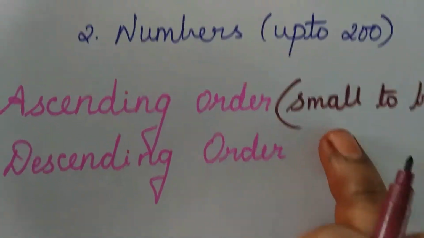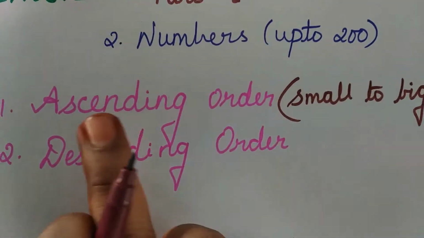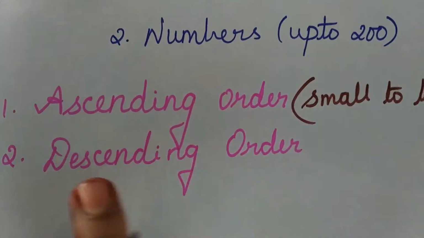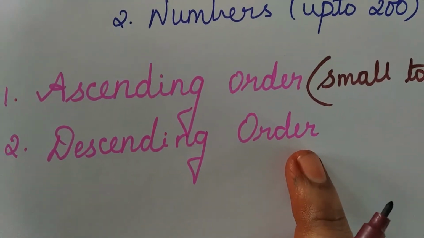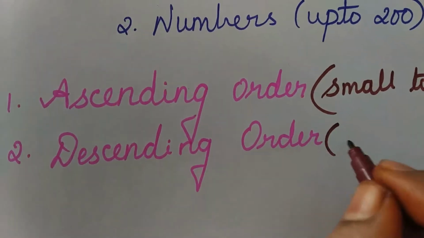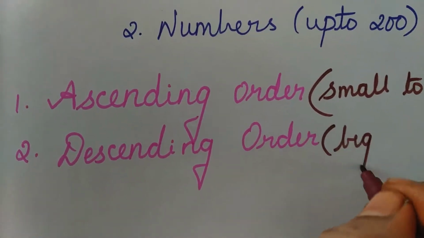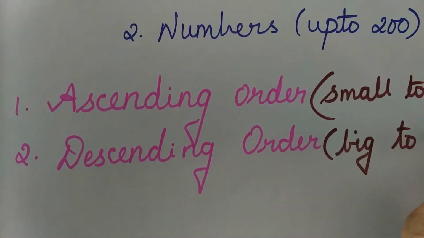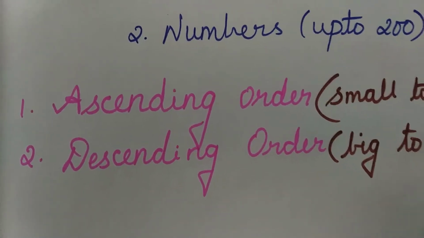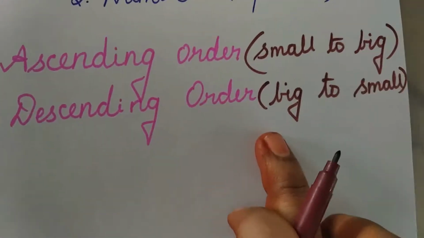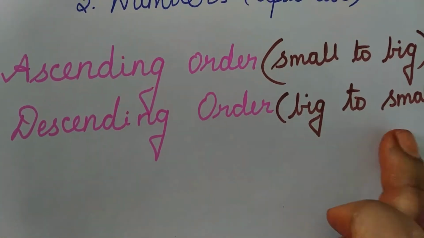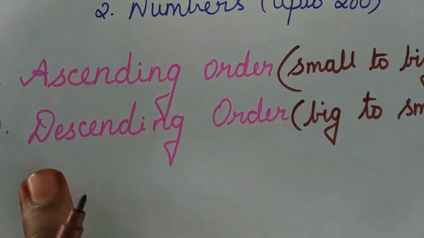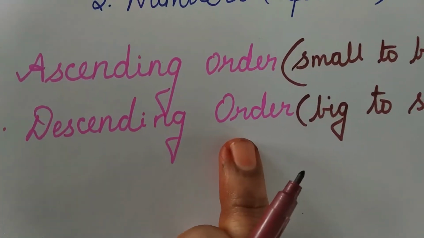So if we arrange the numbers from small to big, we call it an ascending order. What is meant by descending order, children? Yes, very good, superb. From big to small, from the largest number to the small number. If we arrange the numbers like that, we call it a descending order.